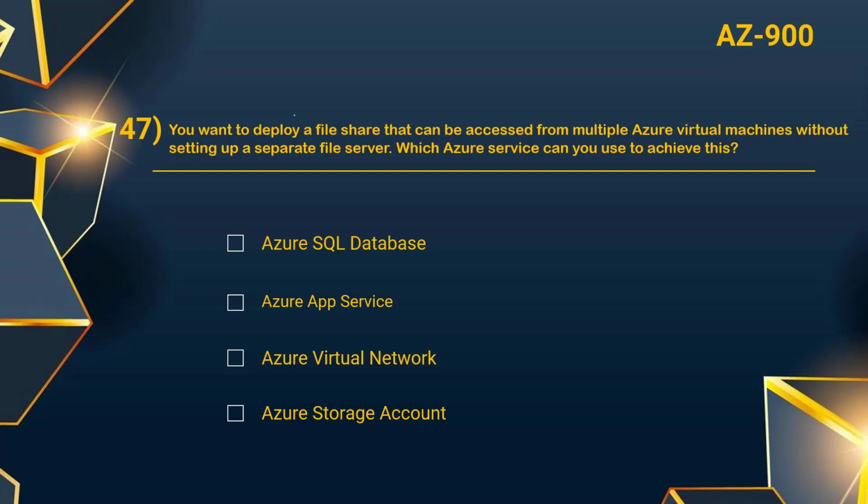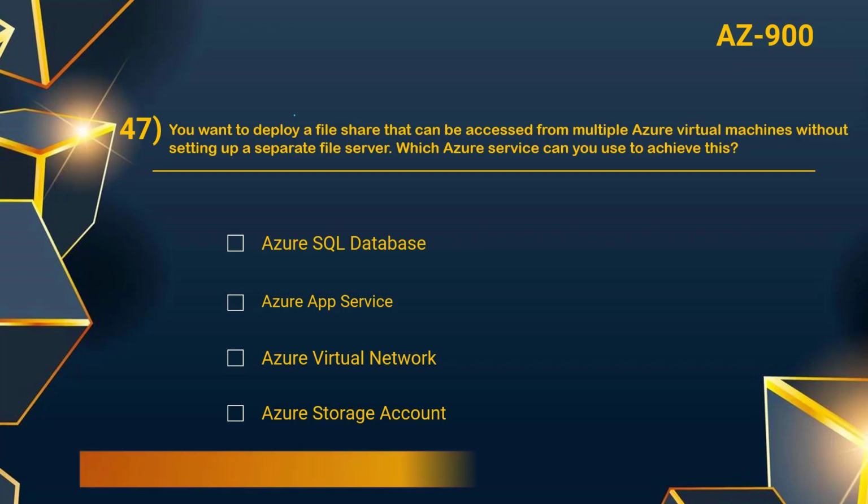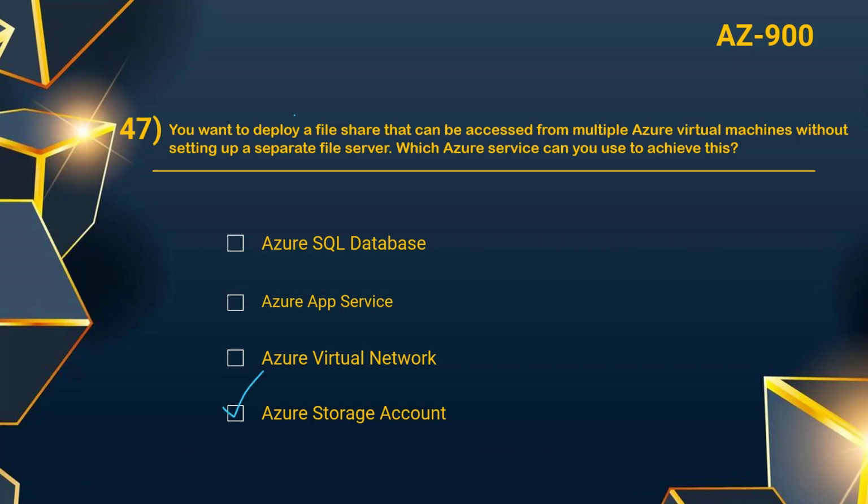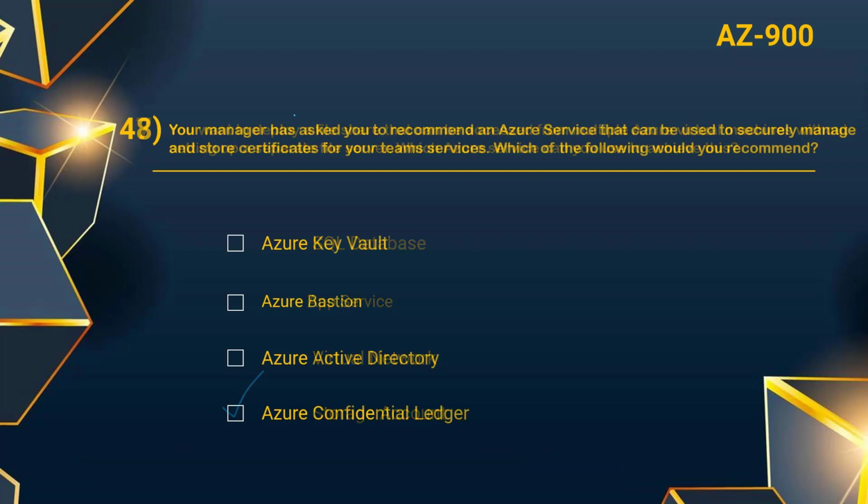You want to deploy a file share that can be accessed from multiple Azure virtual machines without setting up a separate file server. Which Azure service can you use to achieve this? Your manager has asked you to recommend an Azure service that can be used to securely manage and store certificates for your team's services. Which of the following would you recommend?